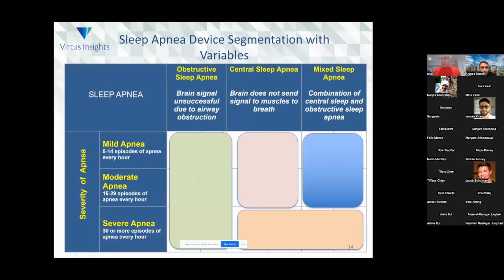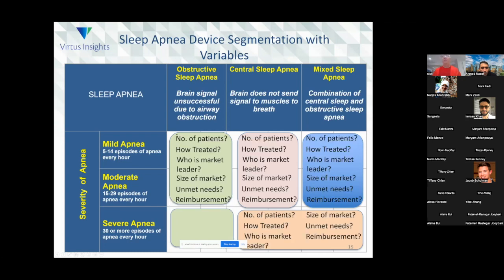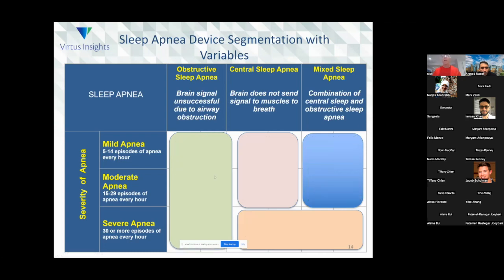So similar to you, I identified these buckets, and they are as follows. Obstructive sleep apnea requires an intervention like a mandibular device that changes something to allow you to improve the airflow. And these devices, mandibular devices, can be applied to mild, moderate, and severe apnea.